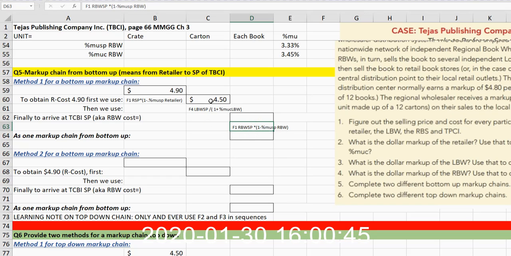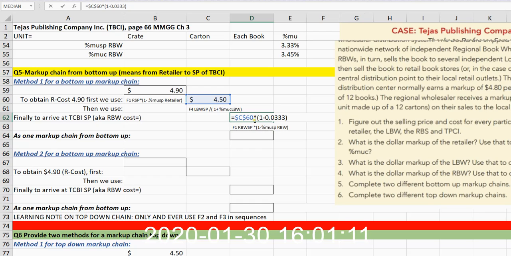Why? Because now we have the selling price for the regional wholesaler, and we need to determine the cost for the regional wholesaler, which we can do by simply taking this outcome from Formula 4 and multiplying it times, this is what F1 is, remember, 1 minus the percent markup on sales price.